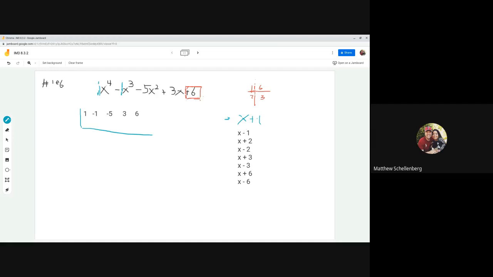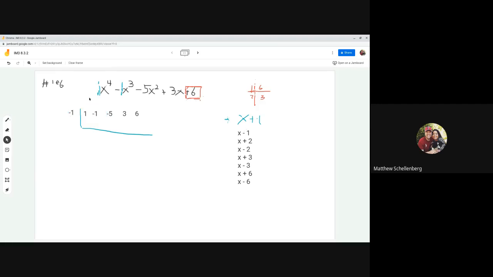I was hoping for an arrow, but it's kind of an arrow. I don't want it to look like a minus. All right. So we're going to try x plus 1. Well, what does that mean? That means our number that we put on the outside is actually -1.